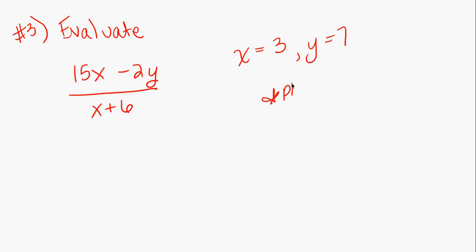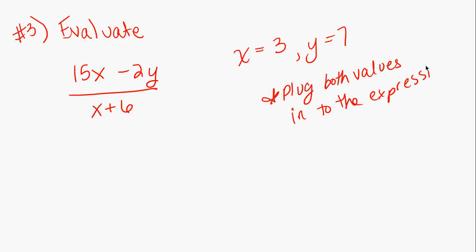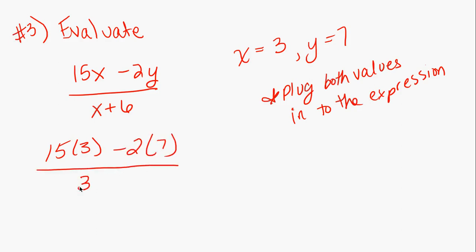So what we're going to do here is plug both values into the expression. So we end up with 15 times 3 minus 2 times 7 all over 3 plus 6.